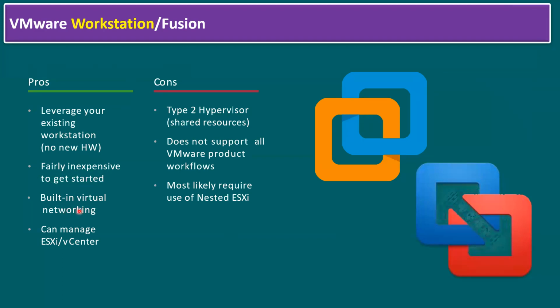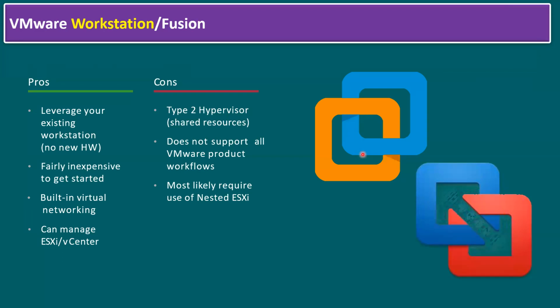So built-in virtual networking, and even you can create one VM within your workstation and install ESXi, and even install vCenter on your workstation. Previously within our channel, I did videos on how we can install ESXi on Workstation, how to create vCenter, and how we can manage the networking in Workstation.